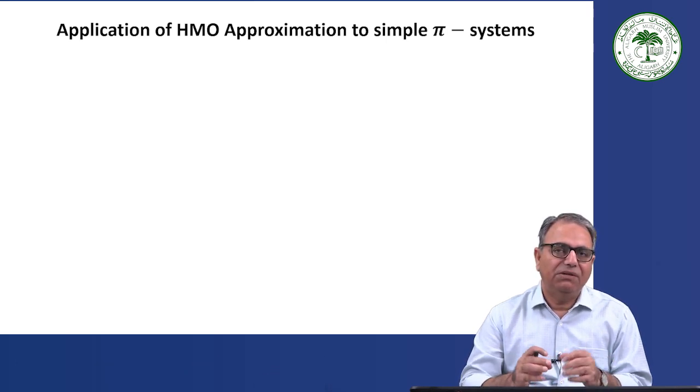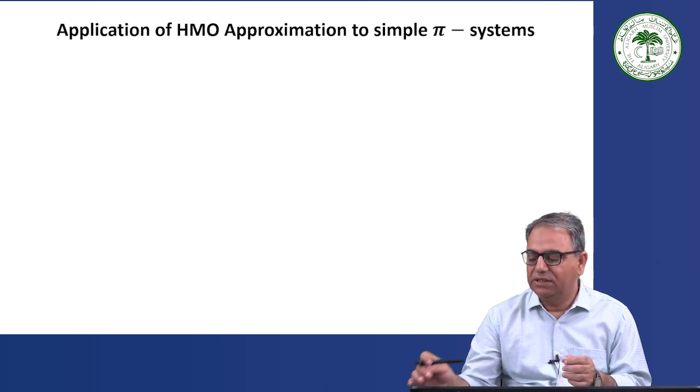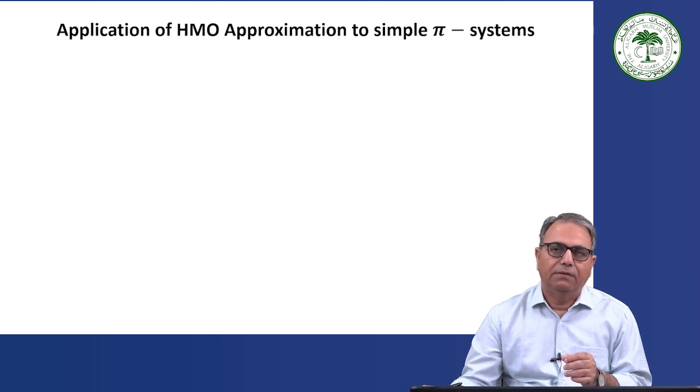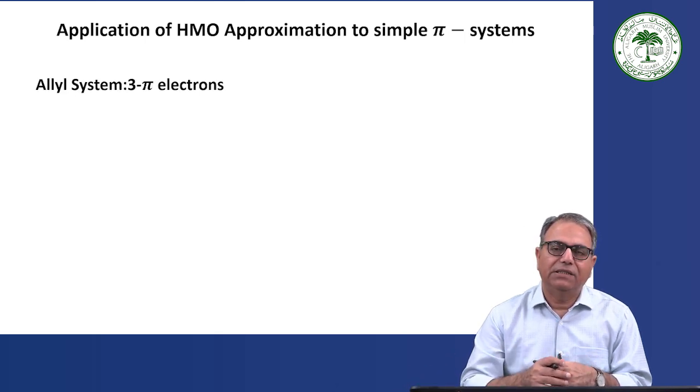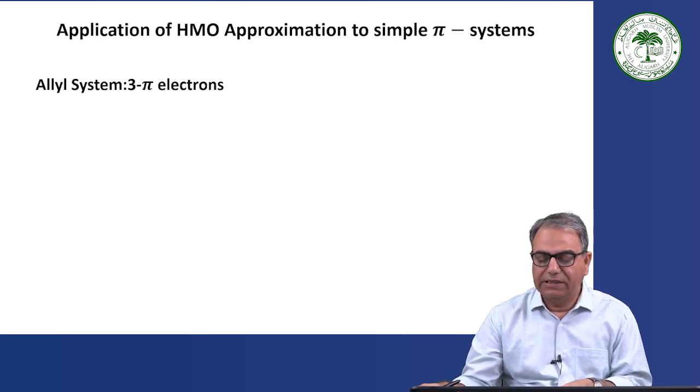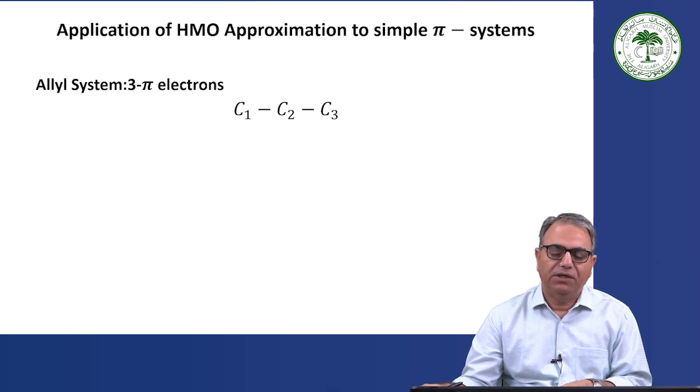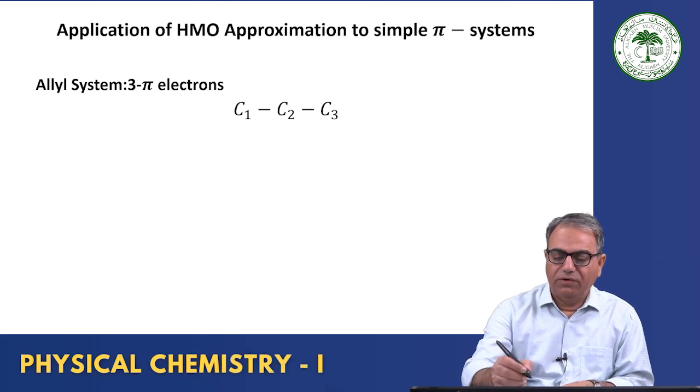Now we are going to do the same thing, but for a different system, the allyl system, where you have 3 pi electrons. If you have an allyl system with C1, C2 and C3, and on each you have a pz orbital, how will you write psi MO?